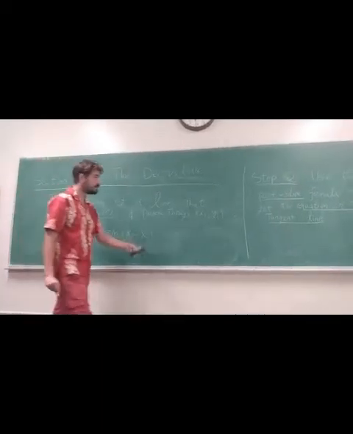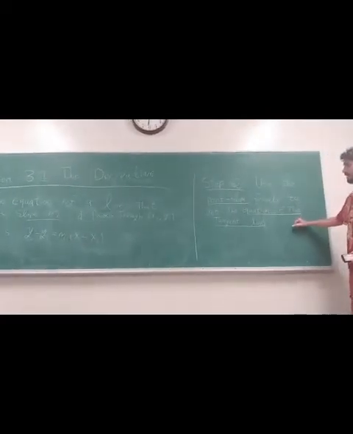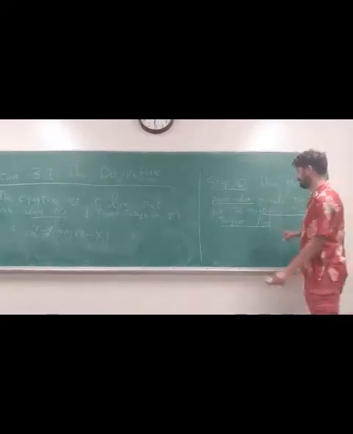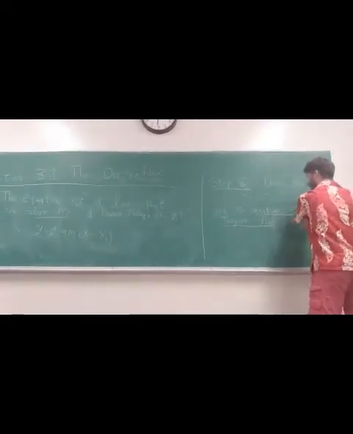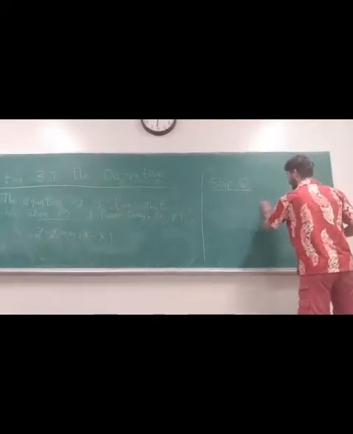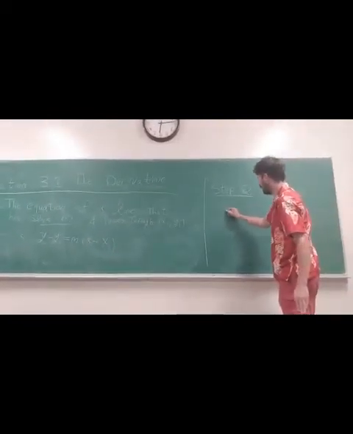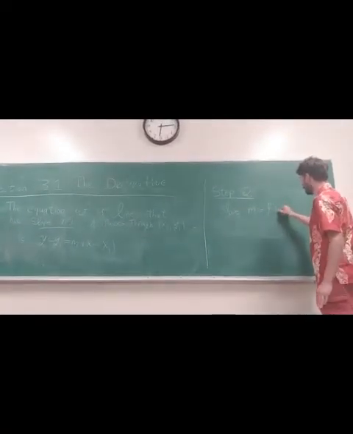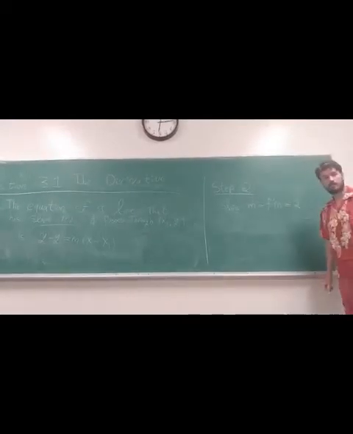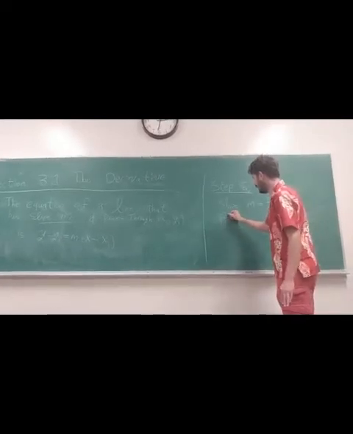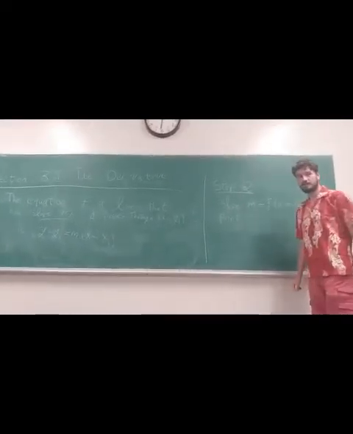Now, to apply it in our situation, use the point slope formula to get the equation of the tangent line. Well, what do we already know? We already know our slope. What was our slope? m was f prime of 1, which is 2. What's the point this tangent line has to pass through?